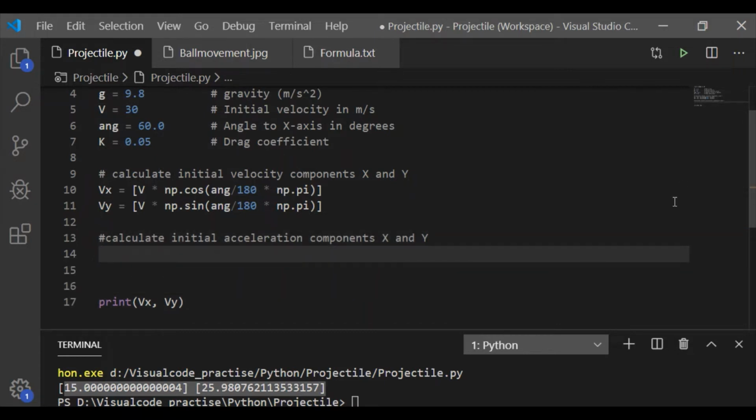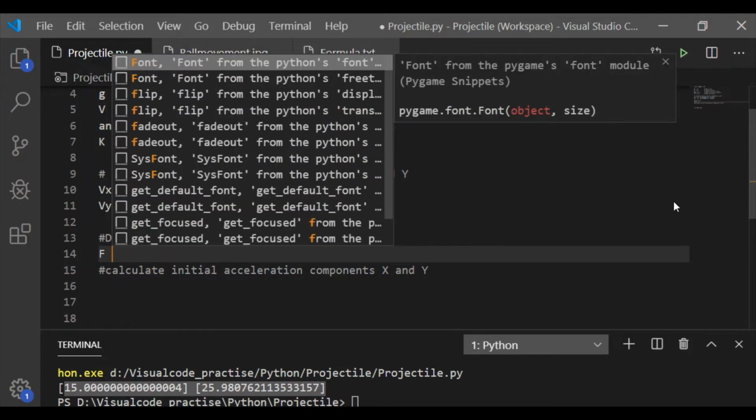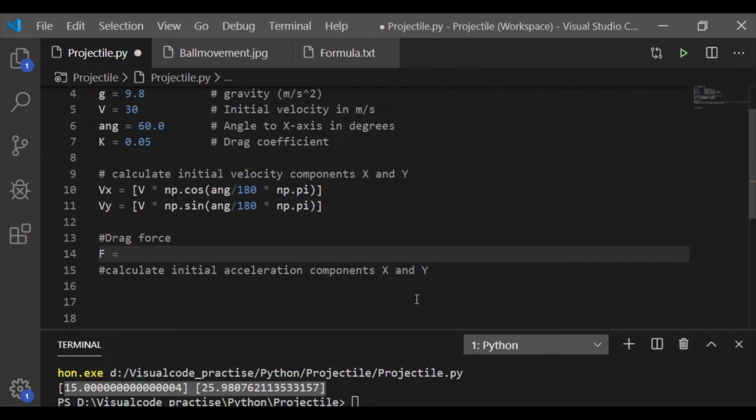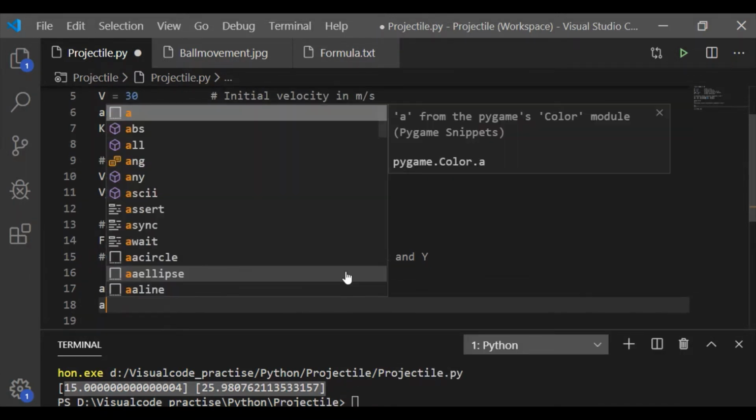Before calculating the acceleration components, there is one more thing that should be considered, which is the drag force on the object due to air. This introduces a resistance for the acceleration. Let us call the drag force F and the acceleration components ax and ay.